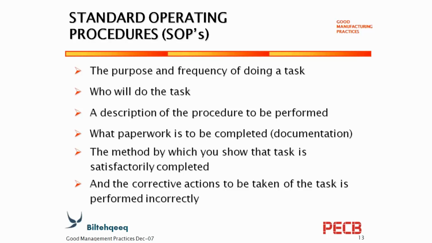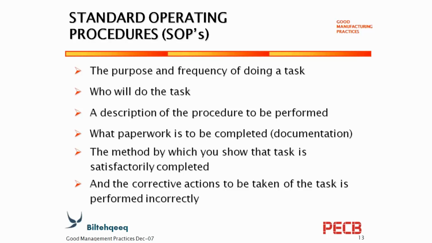It describes the procedure for how this task will be performed, and what documentation and paperwork will be involved. And it describes the method by which you show that the task is satisfactorily completed, and the corrective action to be taken if the task is performed incorrectly. If there is some sort of deviation, you can take corrective action to eliminate it.